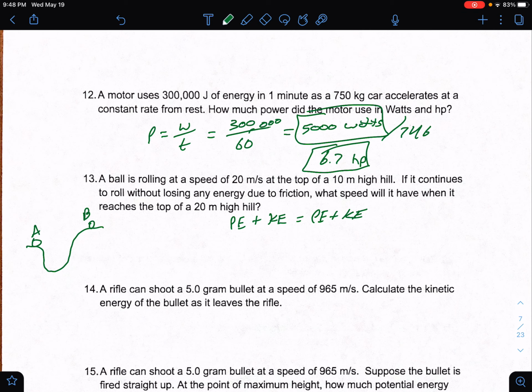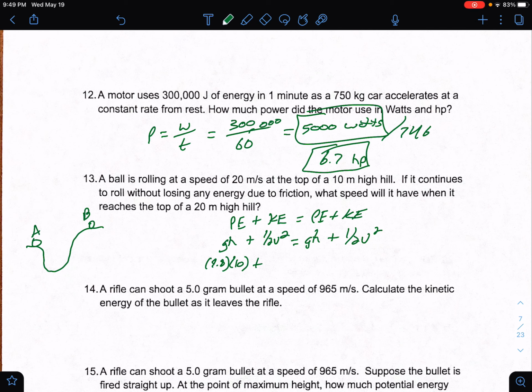What I can do is, I know that mass is the same throughout, so you do not even need mass. So this would be gravity times height plus 1/2 v squared equals gravity times height plus 1/2 v squared. Okay, the left side is going to be point A, right side is going to be point B. So I'm just going to plug in what I know. So gravity is 9.8. Your height on the left side is going to be 10 meters.